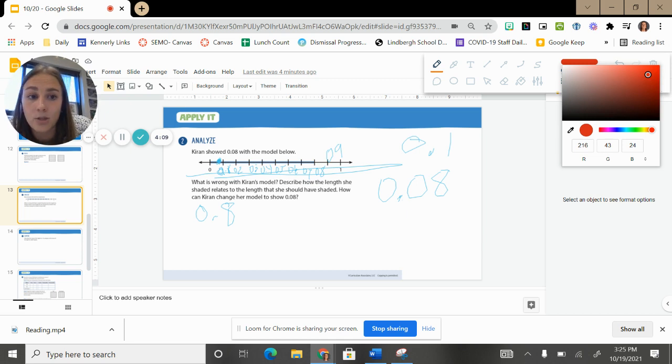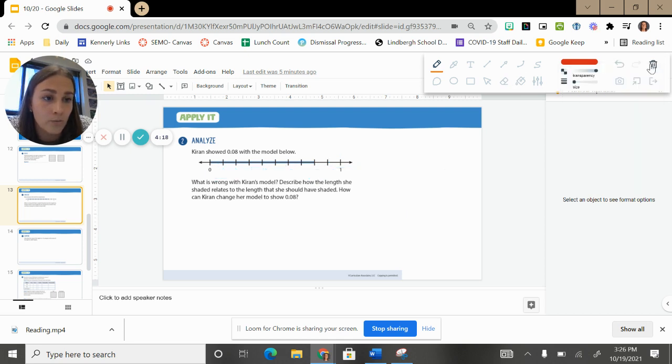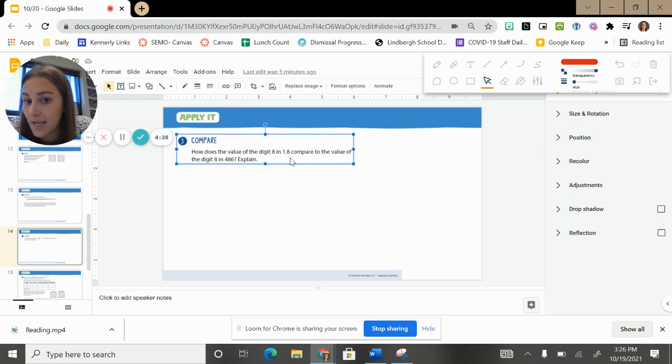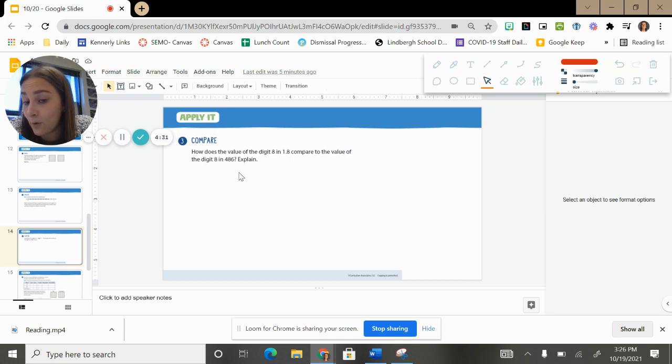Now that we've gone over these together, you are going to do the next problems on your own. Looking at number 3, you are going to need to compare the digit 8 in 1.8 with the value of the 8 in 483.